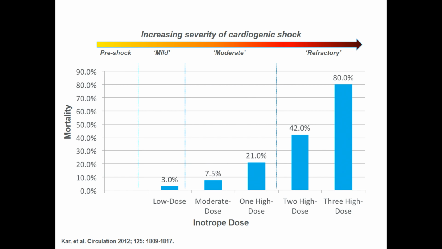The question is, as one moves to the left of the spectrum, how to intervene to improve clinical outcomes and when to consider use of mechanical support. And as you will imagine, as you get closer to the right end of the spectrum, the need to consider mechanical support as a salvage strategy becomes more apparent.